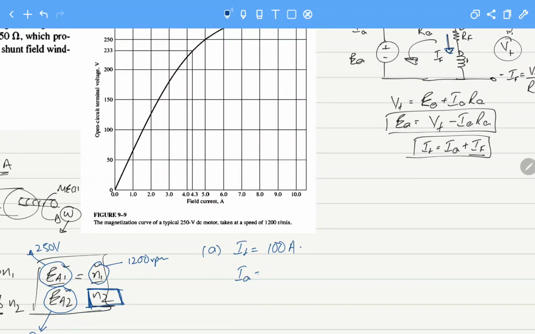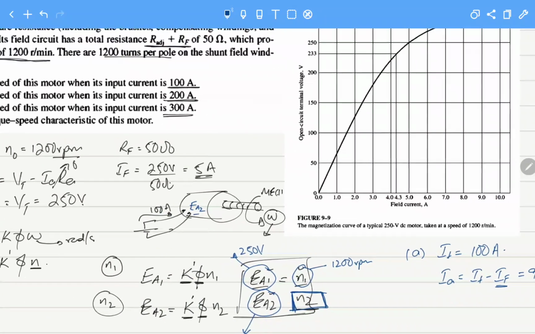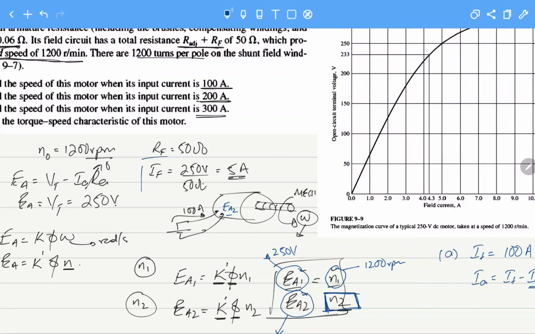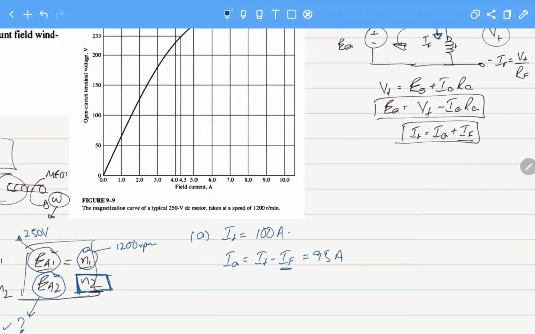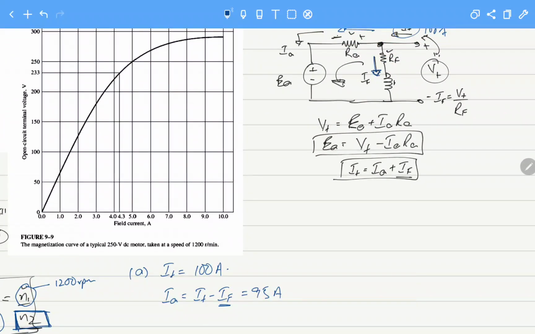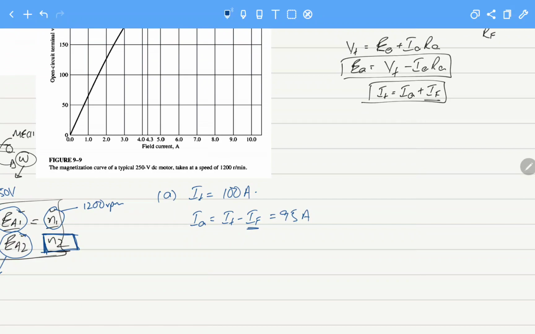So the armature current is IT minus IF. IF we know is 5 amperes, so this will become 95 amperes. We calculated IF equals 5 amperes as the terminal voltage divided by RF.